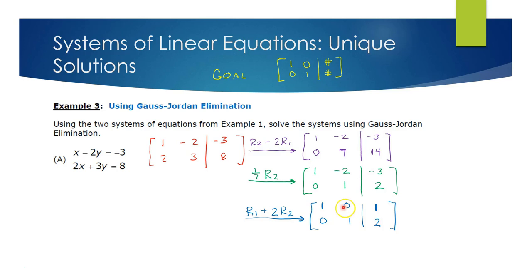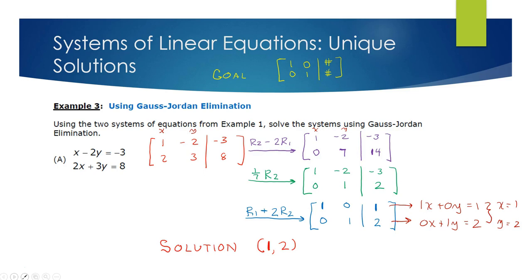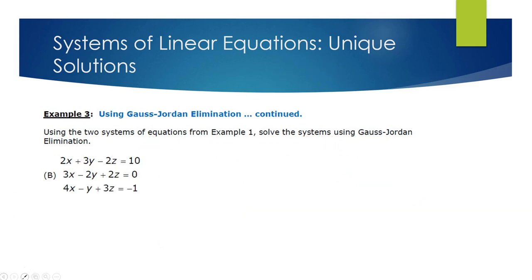So I have 1, 0, 0, 1 on the left. I have 1, 2, which means, again, at this point, I have 1x plus 0y's equaling 1, which means x equals 1. And I have 0x's plus 1y equaling 2, which means y equals 2. And I get the same solution I had before. And that shouldn't be a big surprise because I should get the same thing I had before.